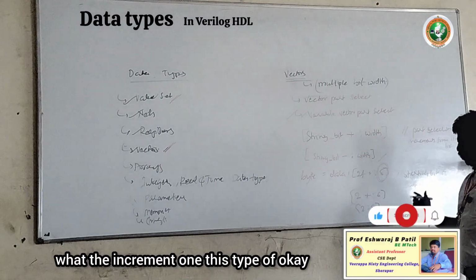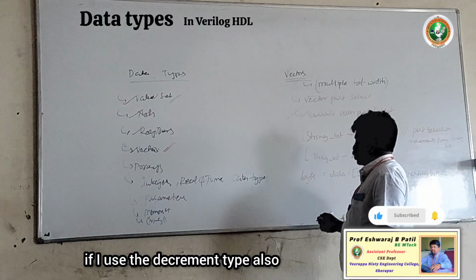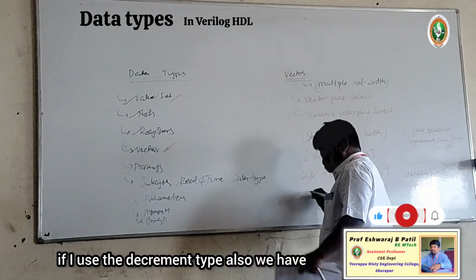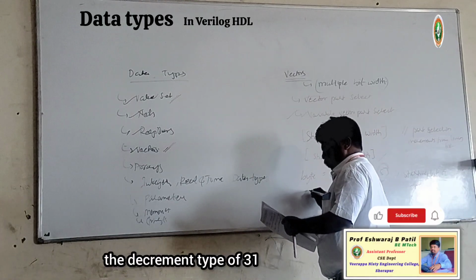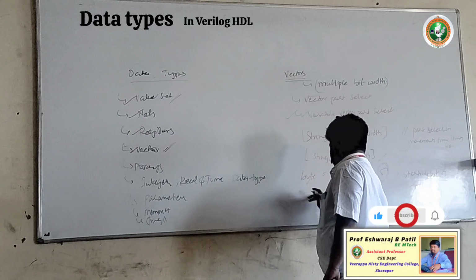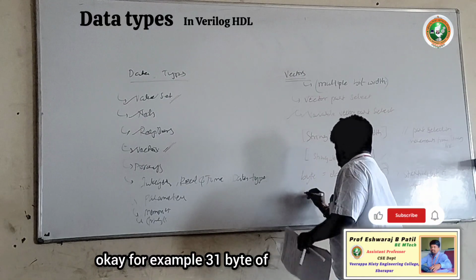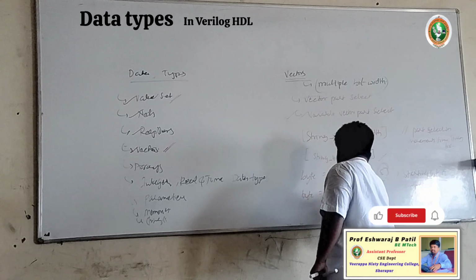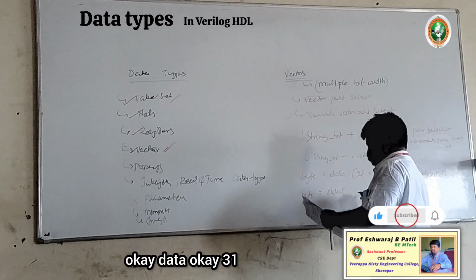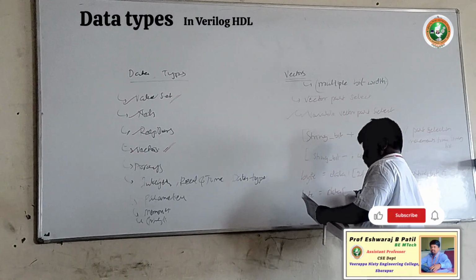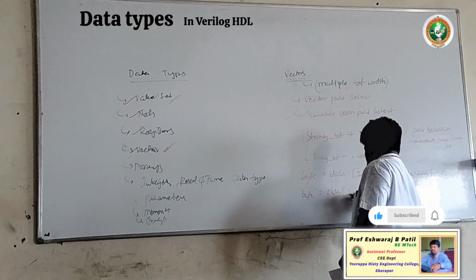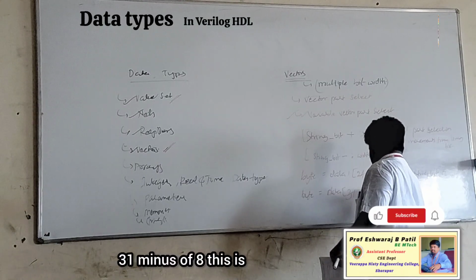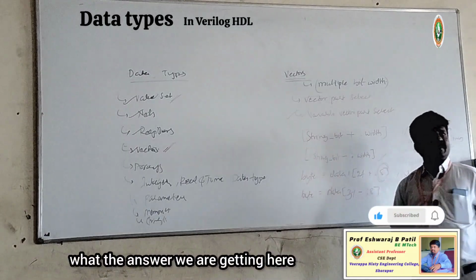If I use the decrement type also, we have the decrement type of 31. For example, 31 byte equals data, 31 minus 8.